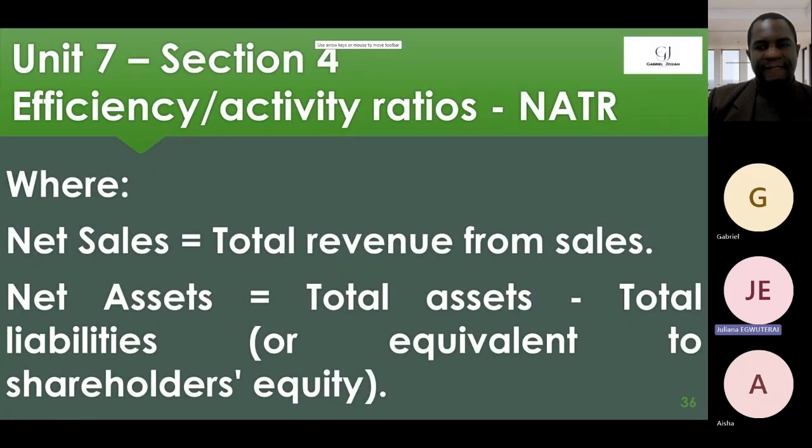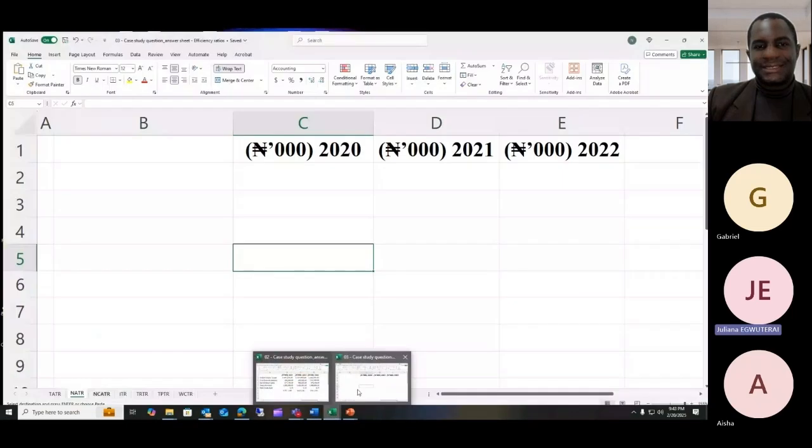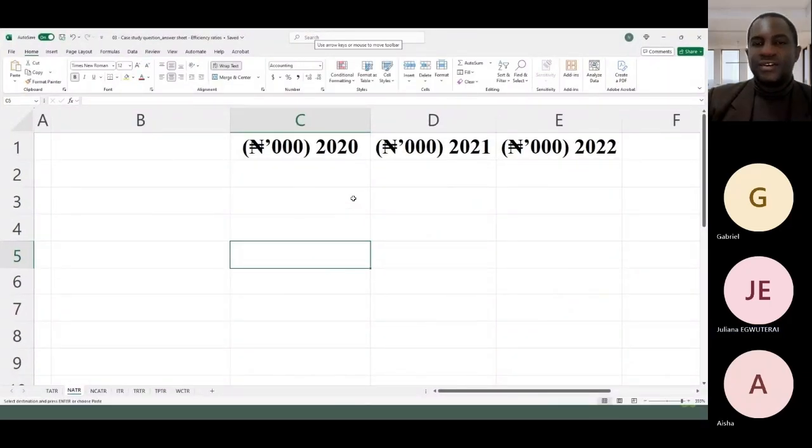Net sales? Why is it called net sales, sir? Okay, so when you have your revenue, if any expense comes, like you need to refund or issue credit notes, you deduct that. So if there are figures that have to do with refunds or discounts you give out, you must remove them from the revenue.